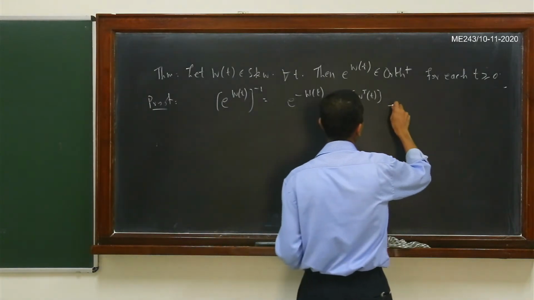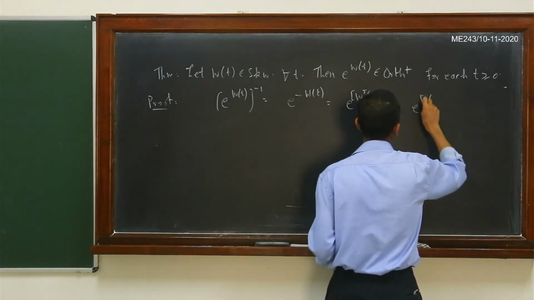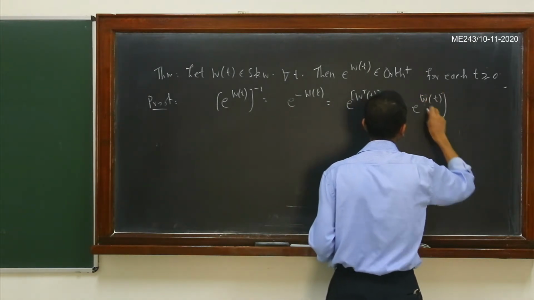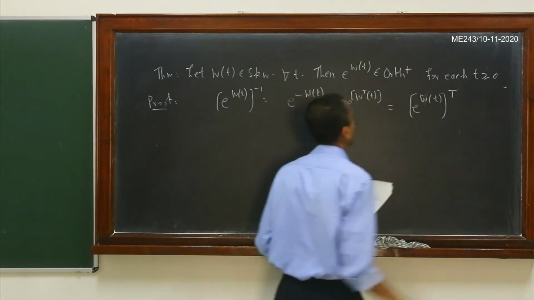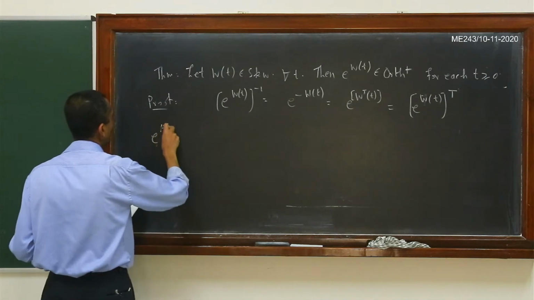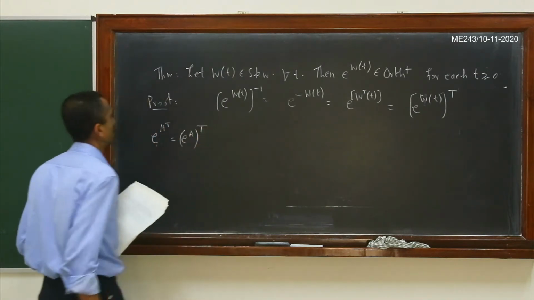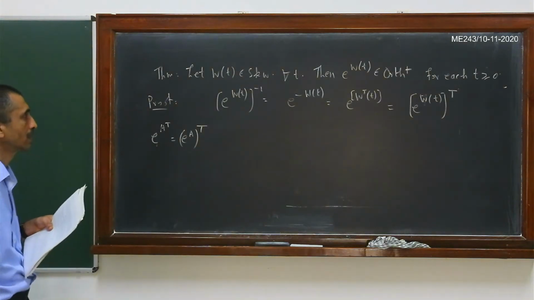And this is e to the w of t the whole transpose, right? Because this result we have also seen, that e to the a transpose is equal to e to the a the whole transpose. So we are using this.